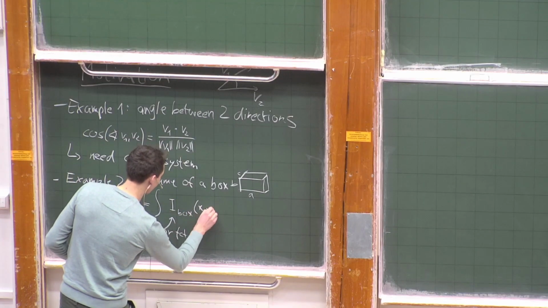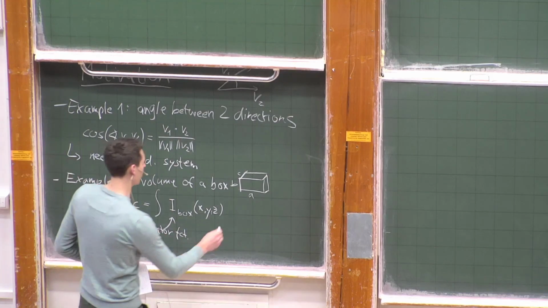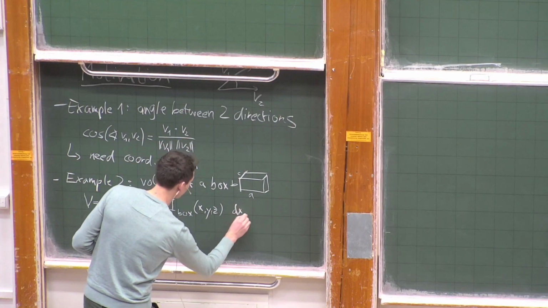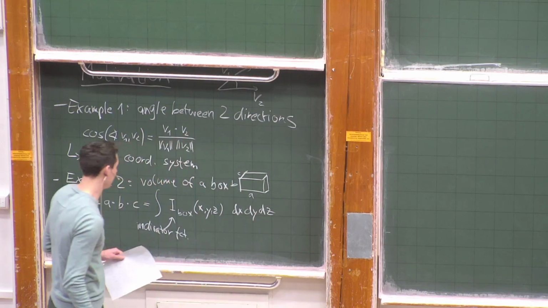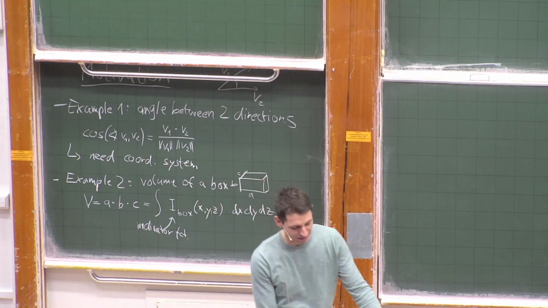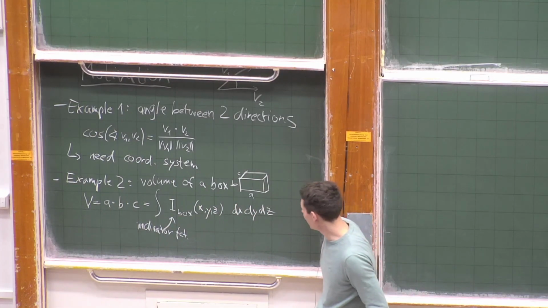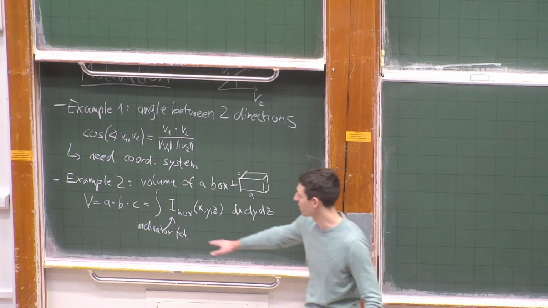And again, in order to write down this function, we define a coordinate system, and then we integrate over all of space. So yeah, what you will see is that if you choose an appropriate coordinate system, you will get out this very easy formula.